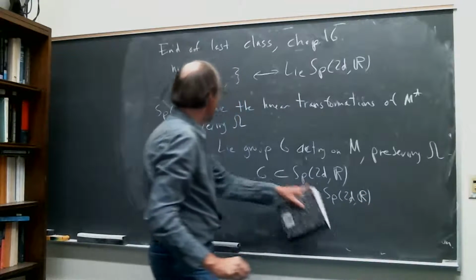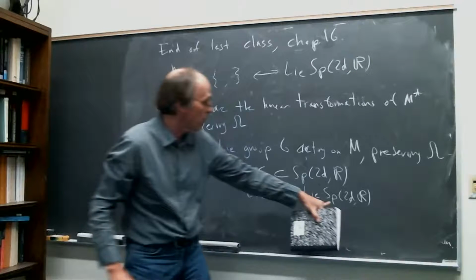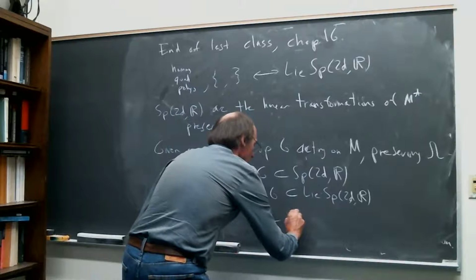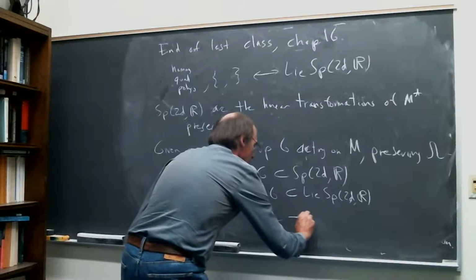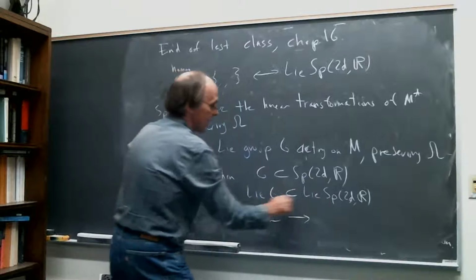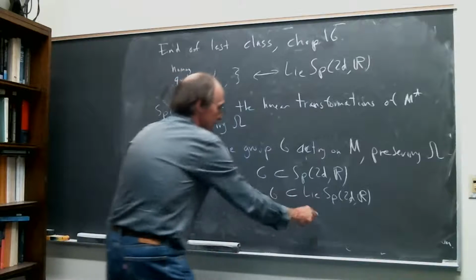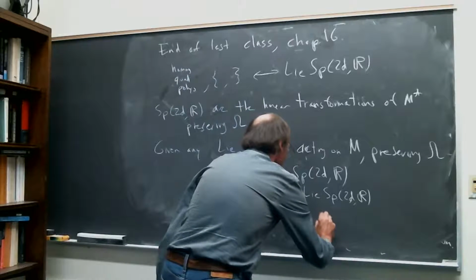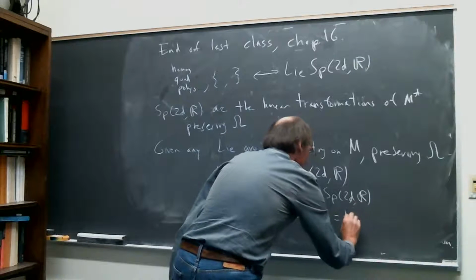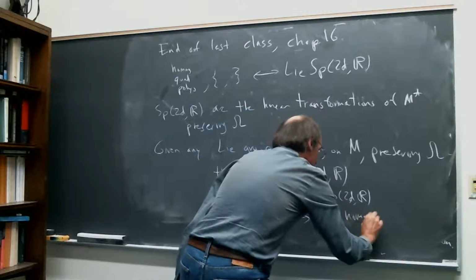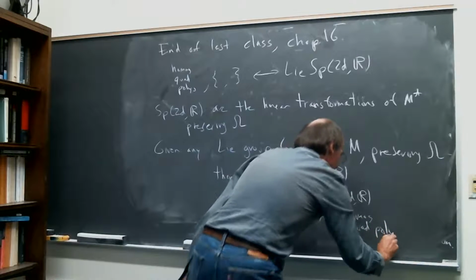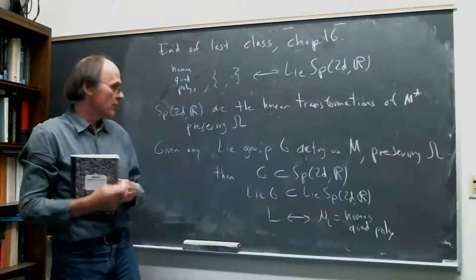But remember, this is the homogeneous quadratic polynomials, and under this identification of this Lie algebra and this Lie algebra, L gets identified with U sub L, a certain quadratic polynomial.